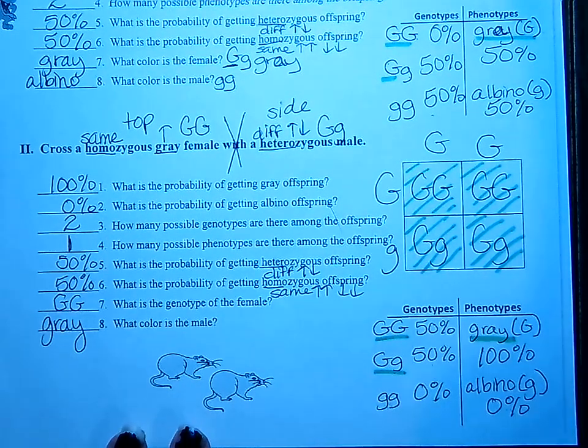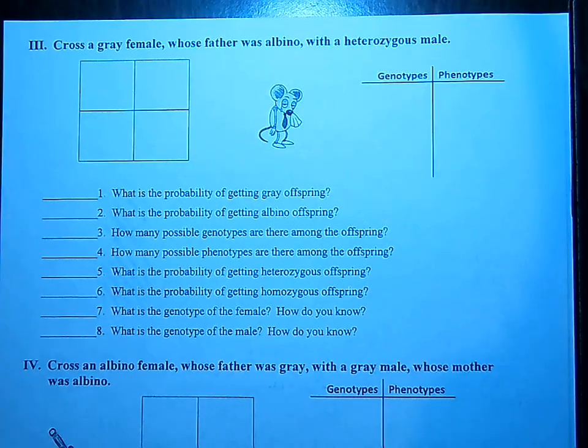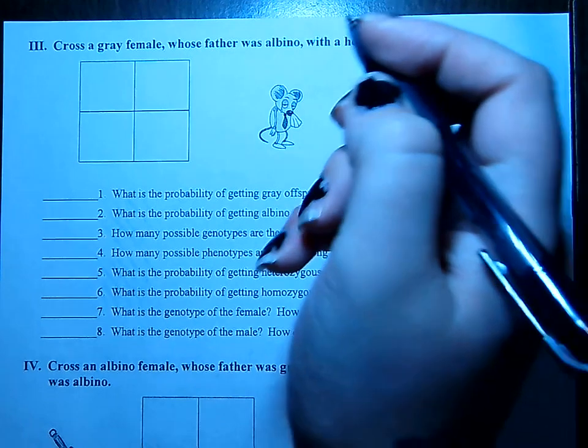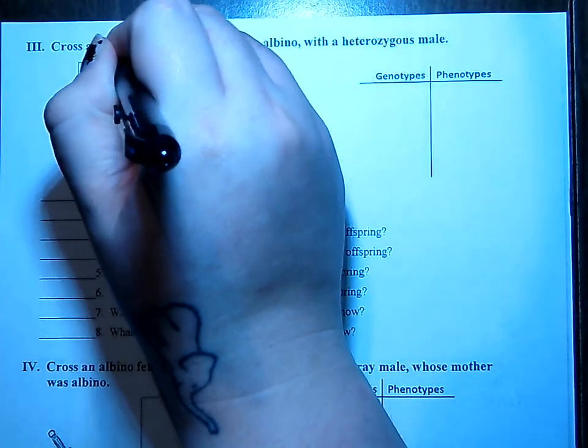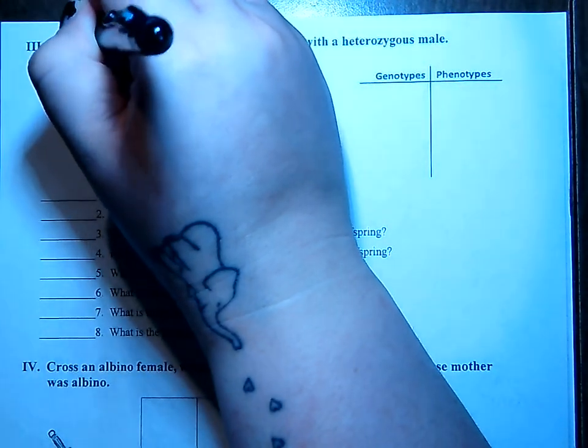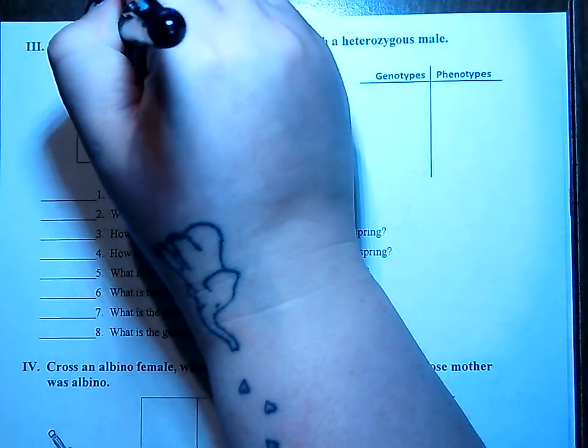All right, now we're going to do the next problem. The third problem is you're crossing a gray female whose father was albino. So here's the thing. Remember, if you're gray, that has to have at least one dominant allele. So this could either be big big or big little.